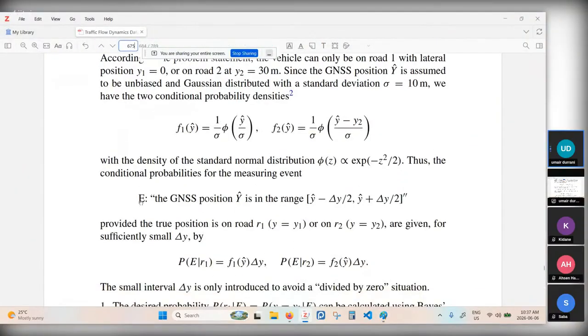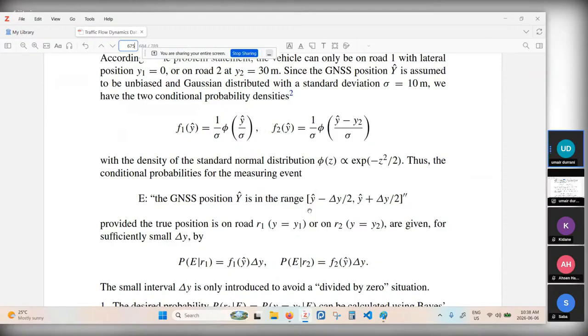So here they say the evidence E is that the GNSS position y hat is in the range of y hat minus delta y over 2 and y hat plus delta y over 2. I don't know how they are determining this range, but I think this is an assumption, provided the true position is on the road R1 or on R2.